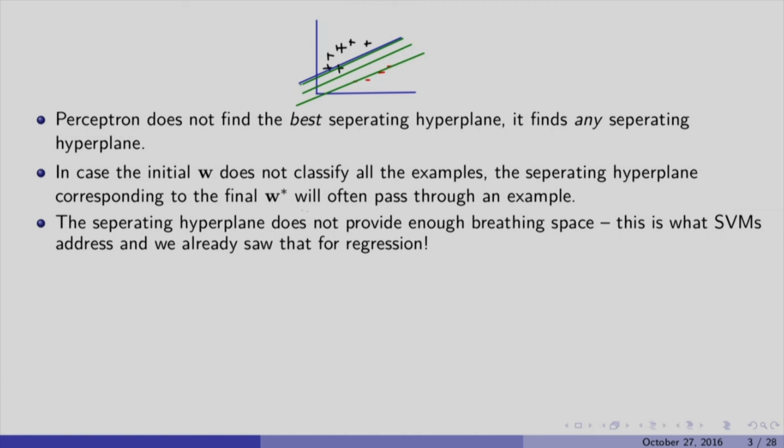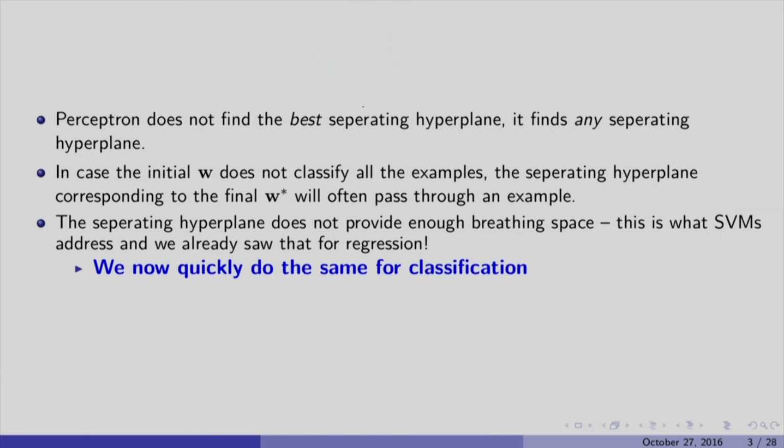So what we want is a separating surface to provide enough breathing space, and by breathing space we mean the space in green. We have already seen how the support vector formulation for regression helps achieve the same. We will see the same for classification. Since we have most of our machinery in place, we will be able to develop this fairly quickly.